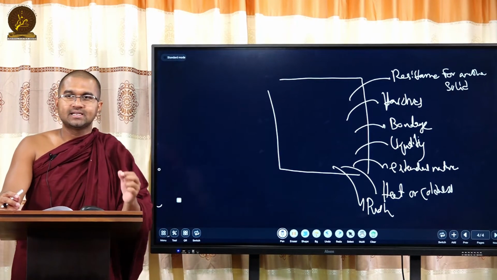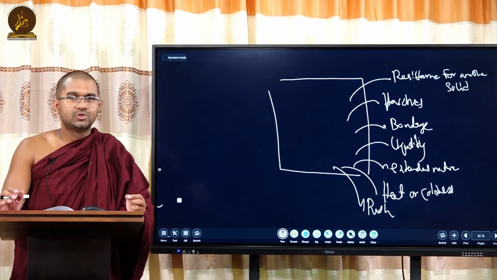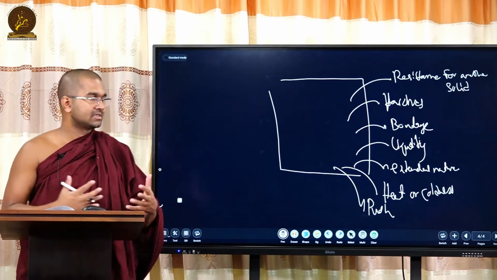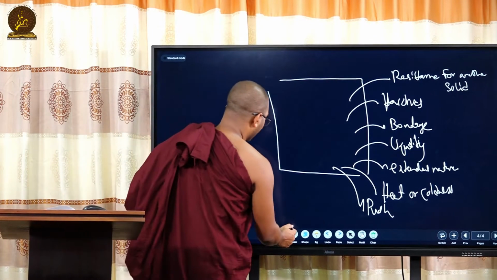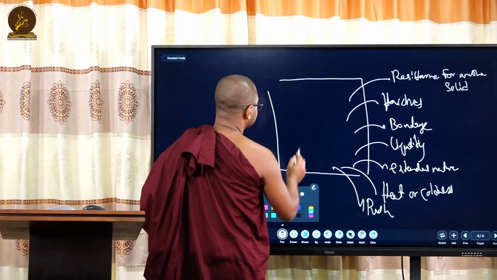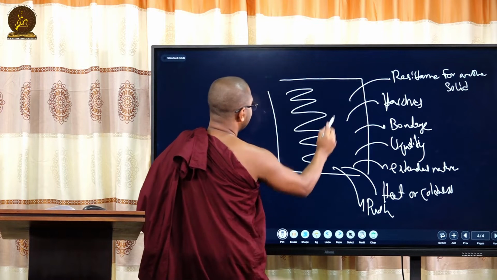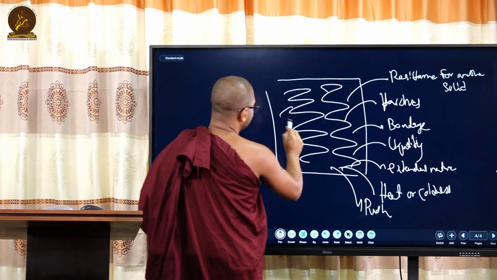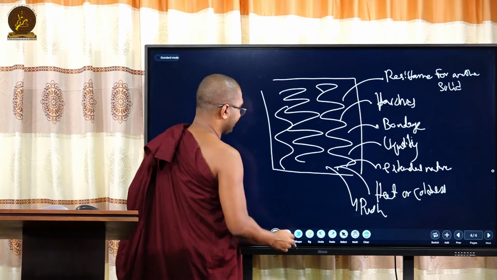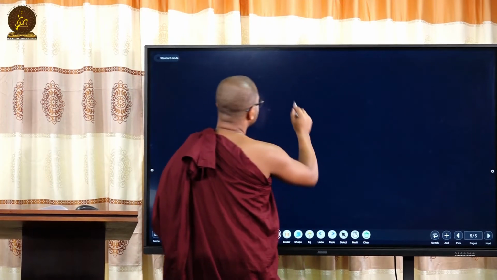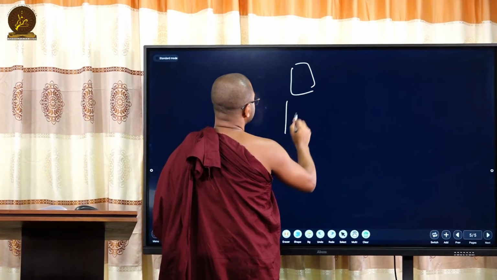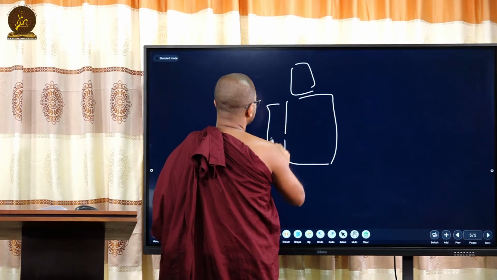So at the meditation level, what we are supposed to do is to look into the great elements in this physical body. For example, if you can feel the hardness, right? Think this is the human, okay, we'll go into a new picture. This is the human body. Assume.